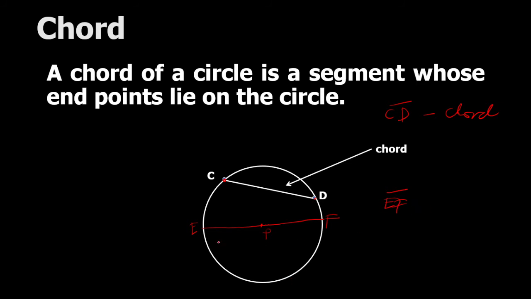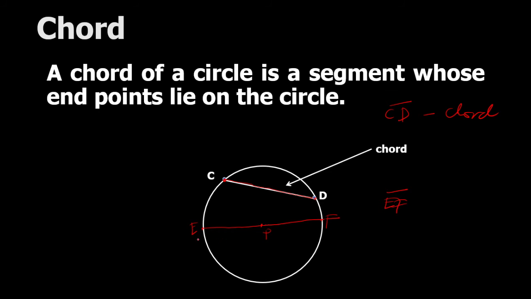Because points E and F are endpoints that lie on the circle. Therefore, EF is considered a chord. Now, is CD considered a chord? Yes. Is it considered a diameter? No, because it does not pass through the center.